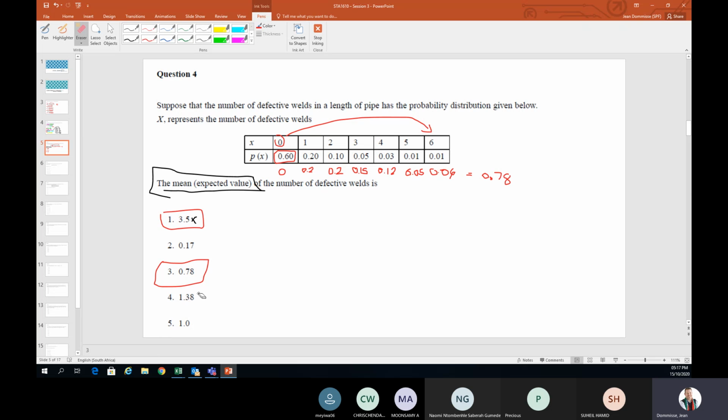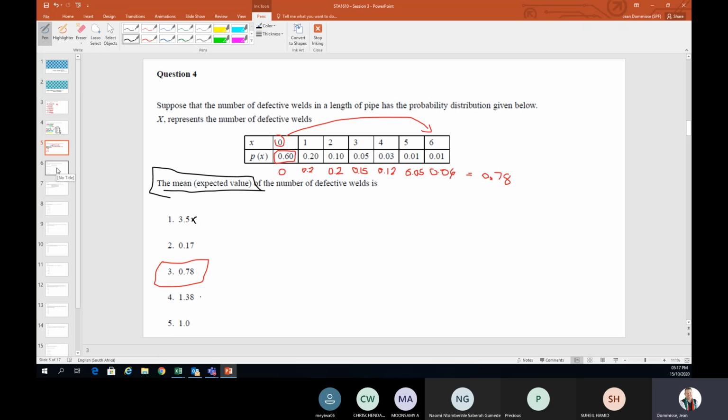So that is just how I would have looked at it, and that's why from the start I said I won't take that one because that's too big. I would probably go between those three. So again, it's just a tip that I'm giving you. If you look where your biggest percentage is and you multiply that with the x, you nearly get a feel of which number it will be for your expected value.